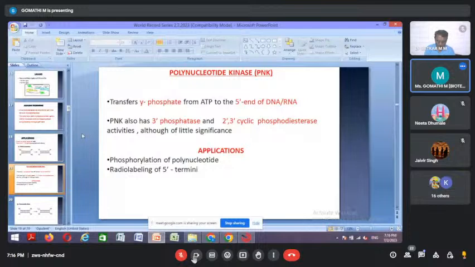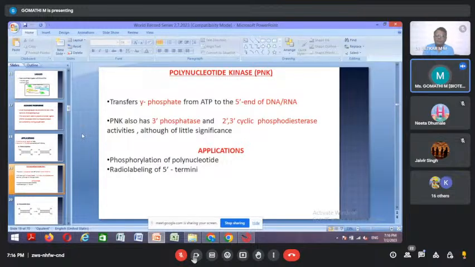The next enzyme is polynucleotide kinase. This enzyme is used to transfer the phosphate from ATP to the 5' end of DNA or RNA. It also has 3' phosphatase and 2',3' cyclic phosphodiesterase activities, although of little significance. An application of polynucleotide kinase is phosphorylation of polynucleotides.